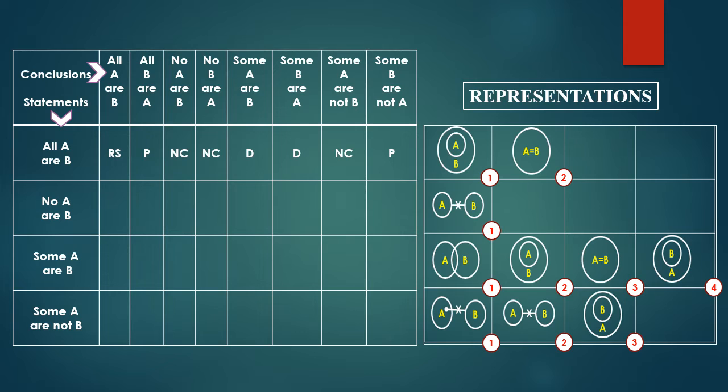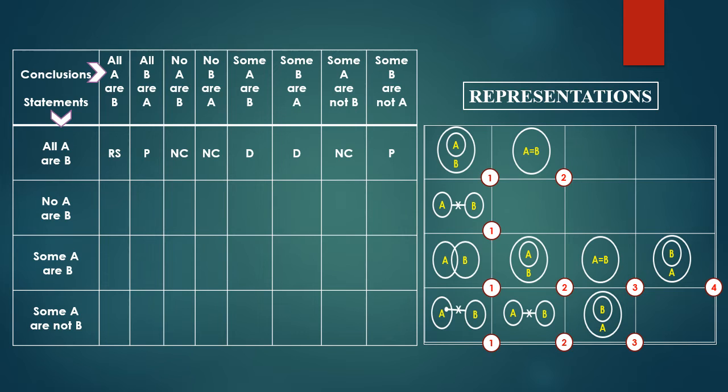As we all know, all A are B can be represented in two ways: the first diagram shows all A inside B, and the second shows whole A overlapping on B. Here all B are A is a possibility kind of conclusion. Why is it so? All B are A is following in only the first representation, but not in the second representation. So that's why it is a possibility conclusion.